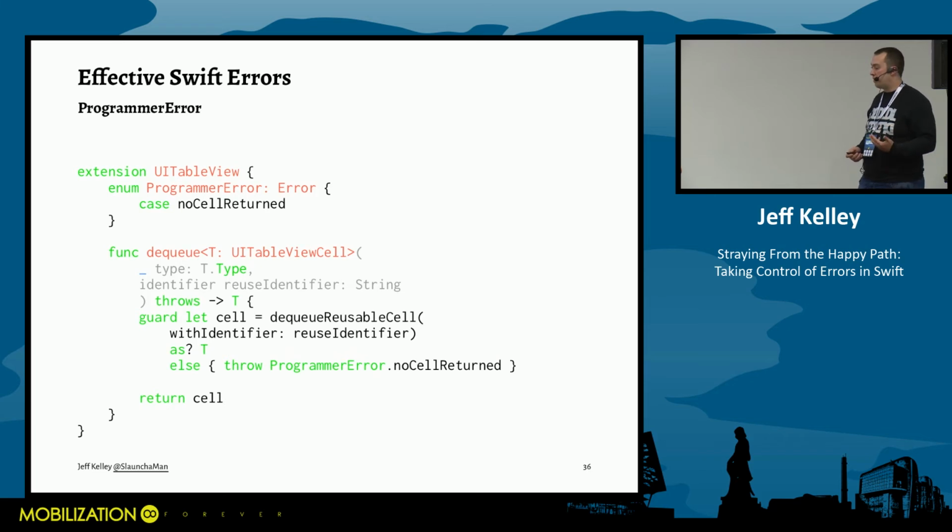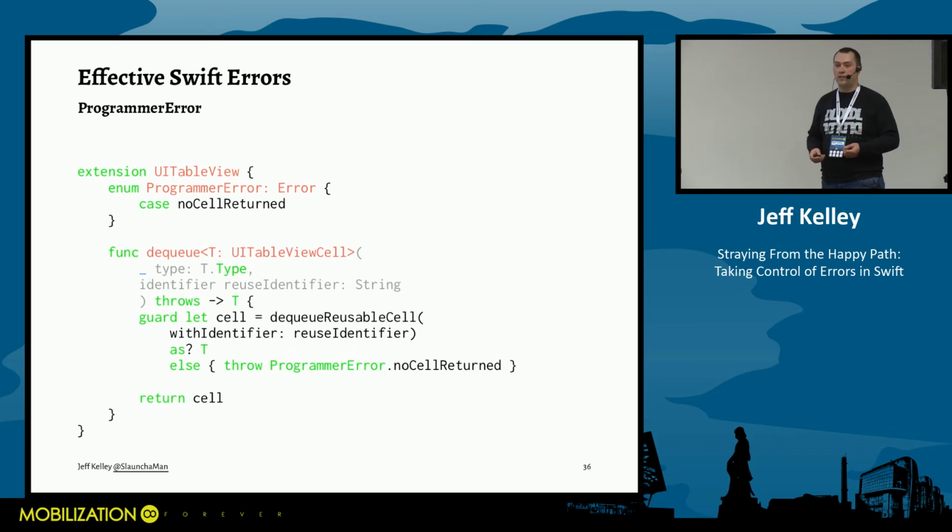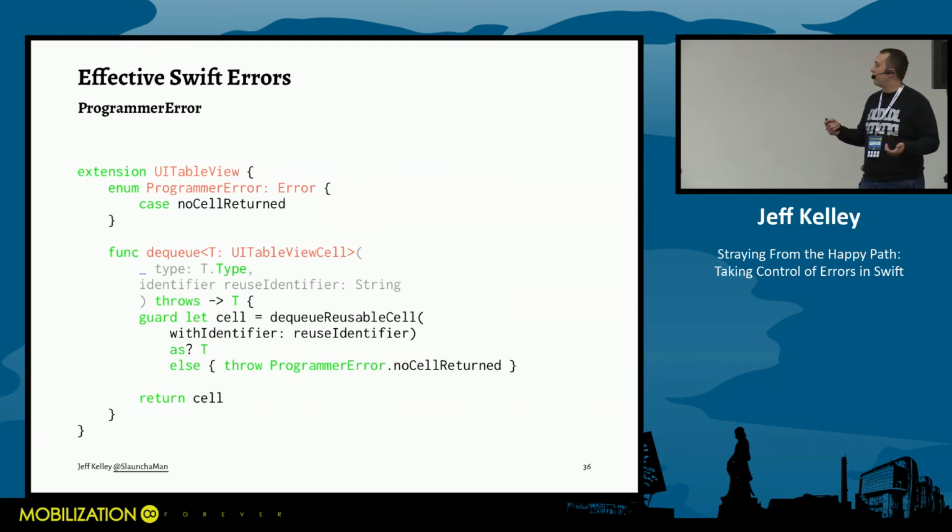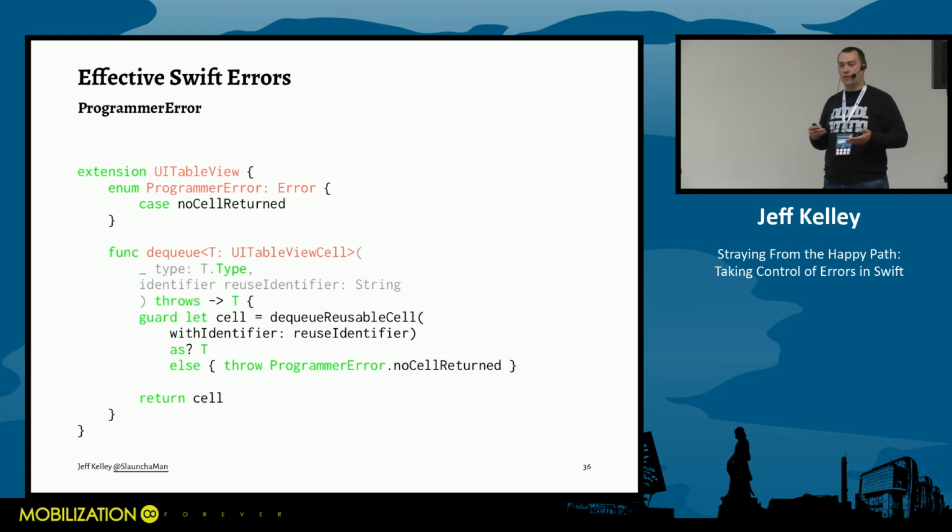And I really like to name these programmer error, because that tells me that I did something wrong, and that it's not some error from some web service or some mythical part of iOS. This is something I did wrong, is that I didn't have the reuse identifier right, or I didn't meet some condition to be able to produce that cell.